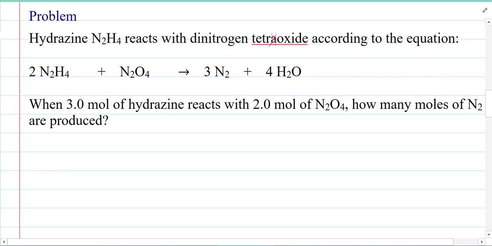Now we have 3 moles of hydrazine, which was this one, and 2 moles of N2O4, which is this one. The question is, how many moles of N2 are produced? Which is that one.